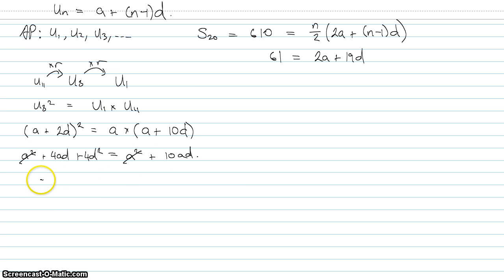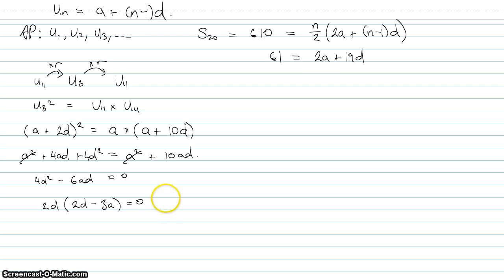I'm left with 4d squared minus 6ad is equal to 0. And so I can factorize out 2d here, and I get 2d times (2d minus 3a) is equal to 0.